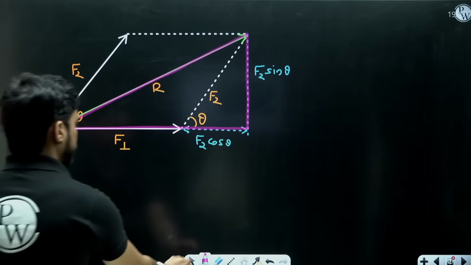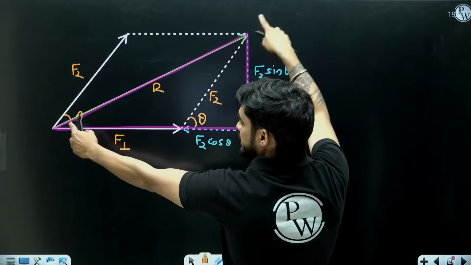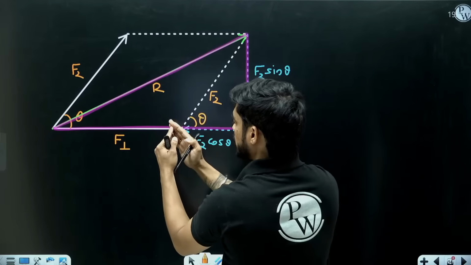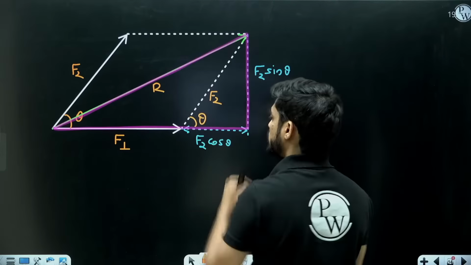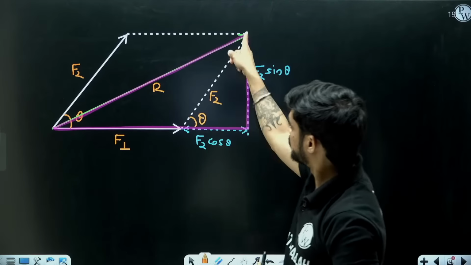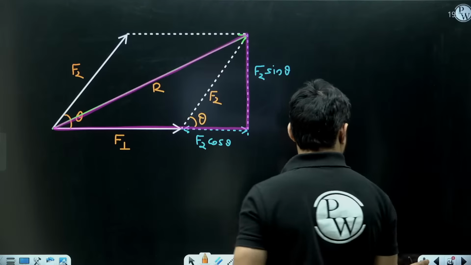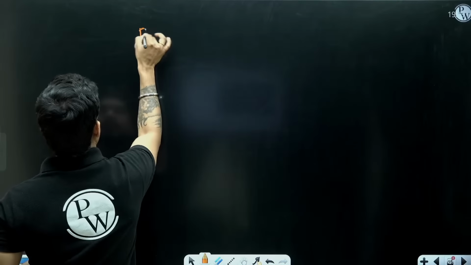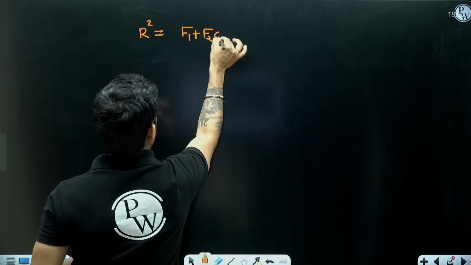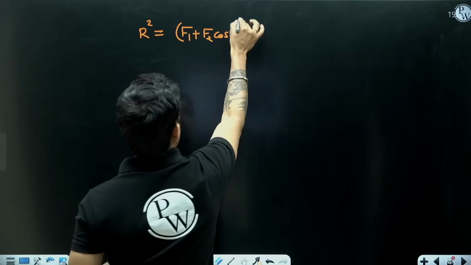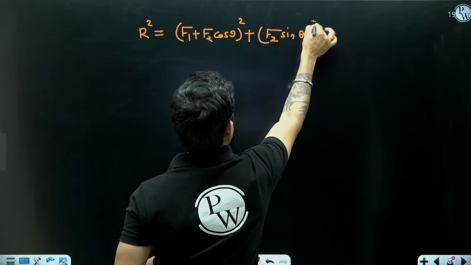According to Pythagoras, can I write R square, this is the hypotenuse, equal to (F1 plus F2 cos theta) whole square plus (F2 sin theta) whole square? Hypotenuse, base, perpendicular. So according to Pythagoras, I can write this, right? R square equal to (F1 plus F2 cos theta) whole square plus (F2 sin theta) whole square.